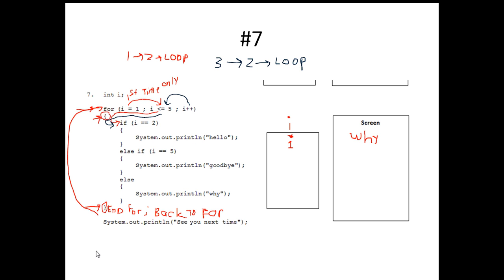And so when we come back to this for loop like we're doing right now, you go to the third argument. The third argument here says to increment the value of I by 1. And so now I becomes 1 plus 1, which is 2. And then we go to the second argument, which is the one in the middle.